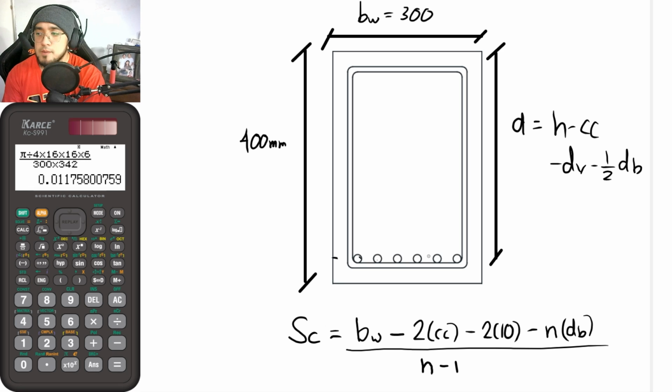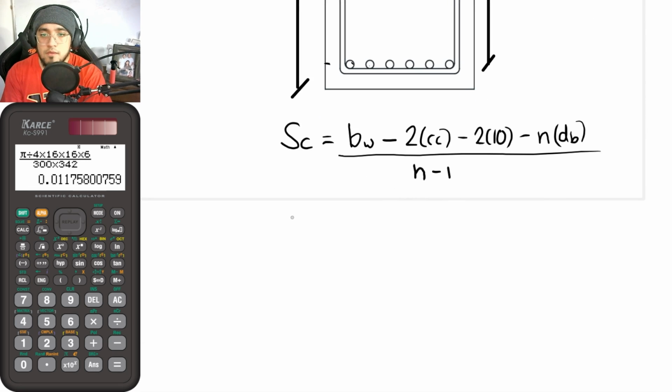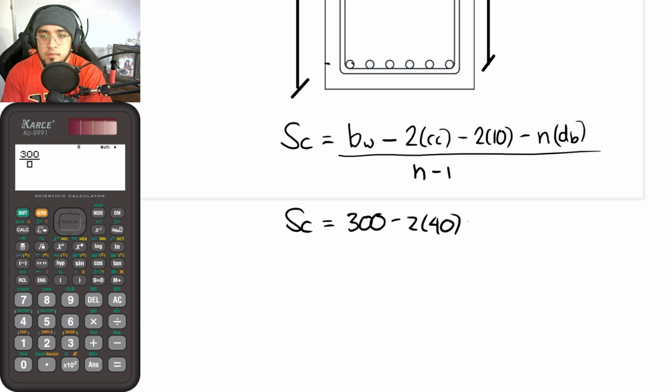Okay? So from that, guys, we would be dividing this by 5, or that is n minus 1 since we have 6 bars. Okay, so solving for this value, the spacing is now equal to, looking at the calculator, 300 minus twice 40 mm minus twice 10 minus n dB. By the way, instead of me writing 10 here, I would instead write dV. Okay.